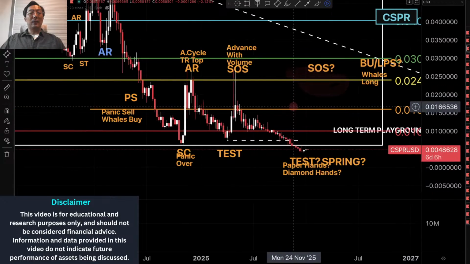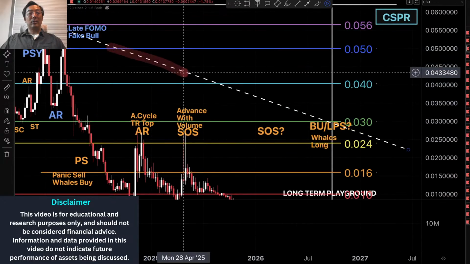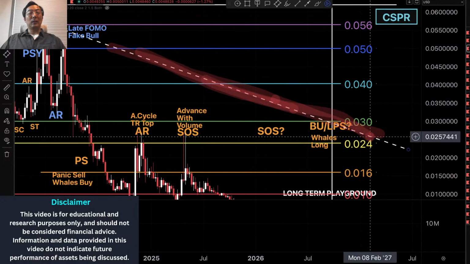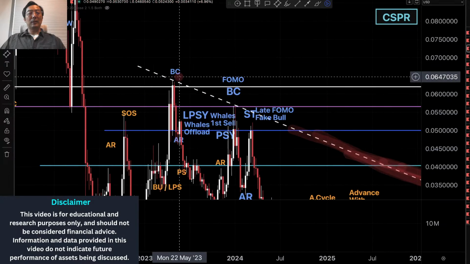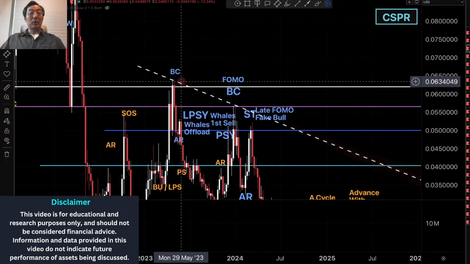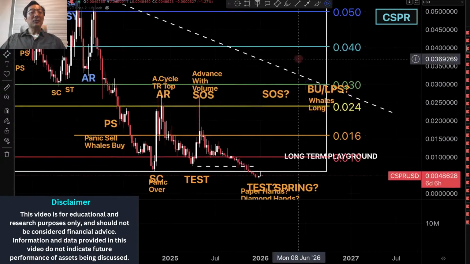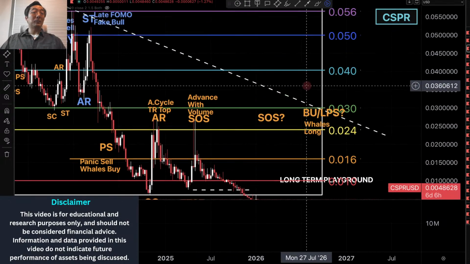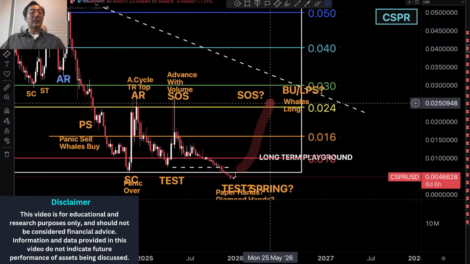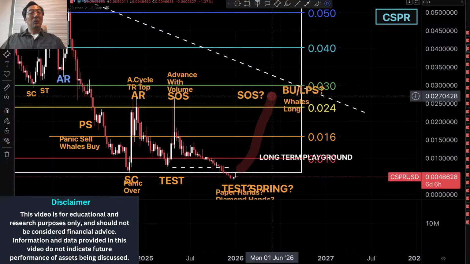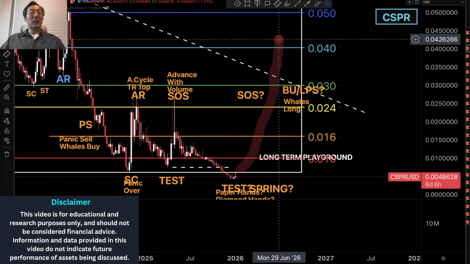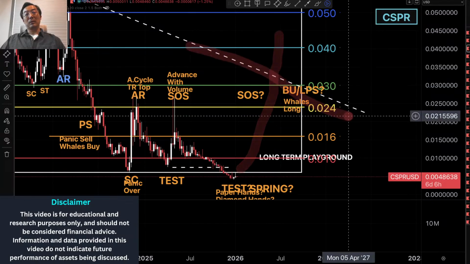Looking at the trend, just don't forget this white dashed line, this downward trend line that I set for the peaks since 2023. This is also, well, more of an ultimate goal. If Casper really gets into the next distribution cycle, we want to see the distribution cycle, the buying climax, go past that particular line.